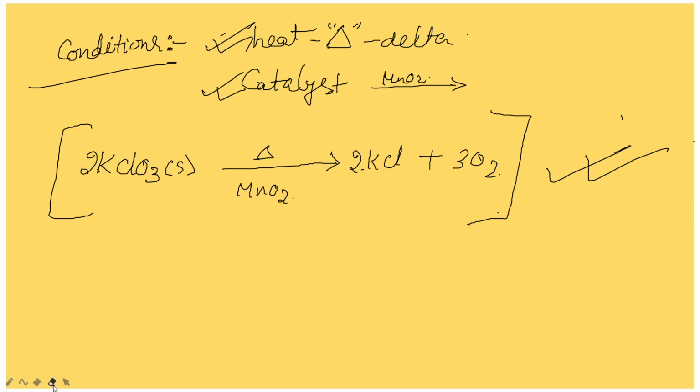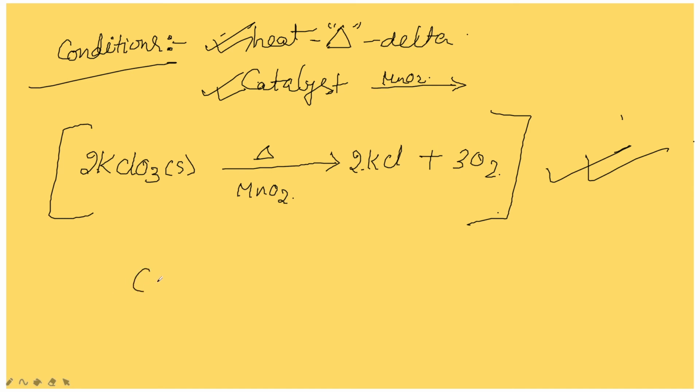One more example: methanol. Methanol is manufactured from carbon monoxide and hydrogen in the presence of zinc oxide and chromium oxide.